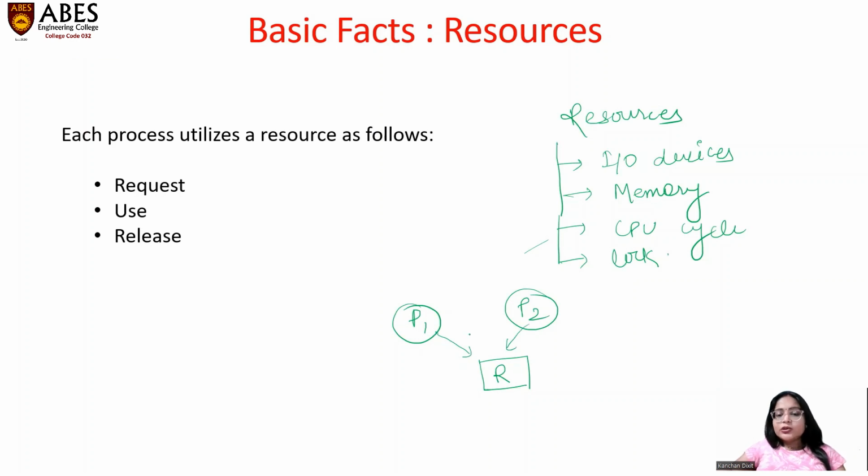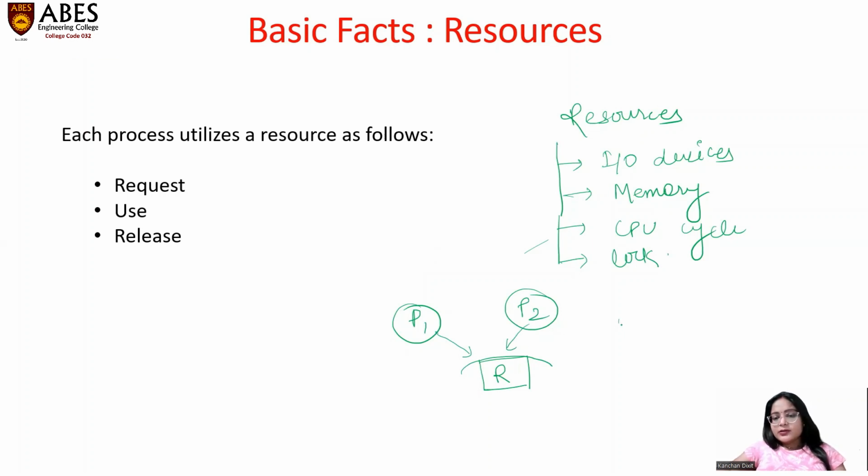But for that they need to apply a lock over it, because this is the critical section. When resource R is allocated to any process, no other process can utilize it or get access to resource R. This situation is called mutual exclusion.